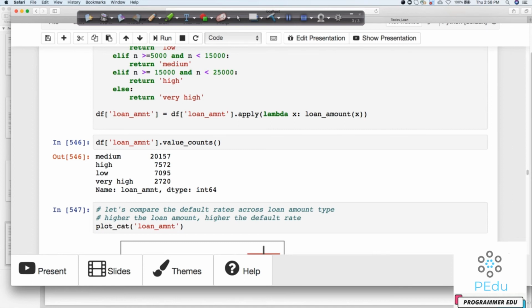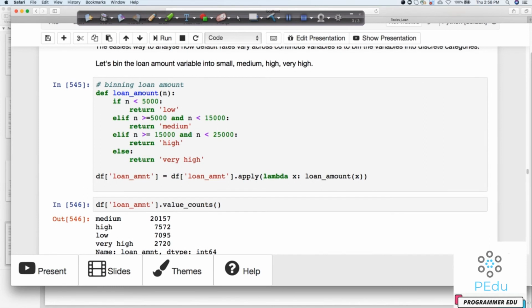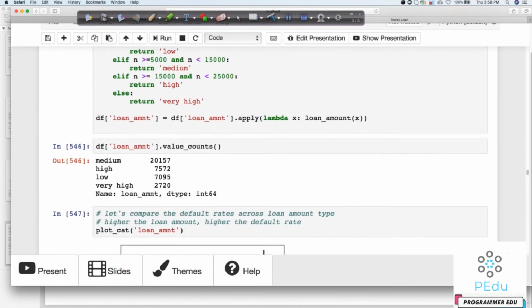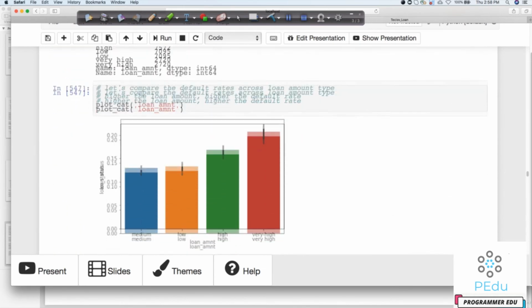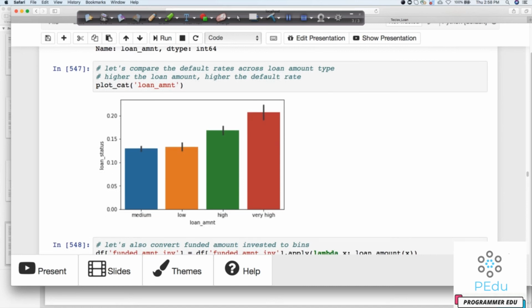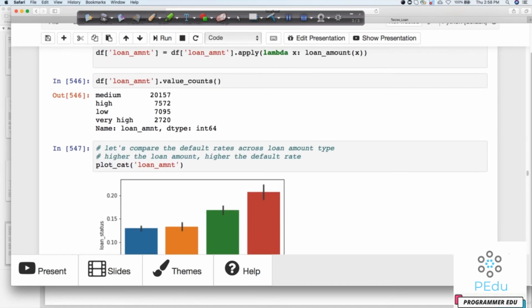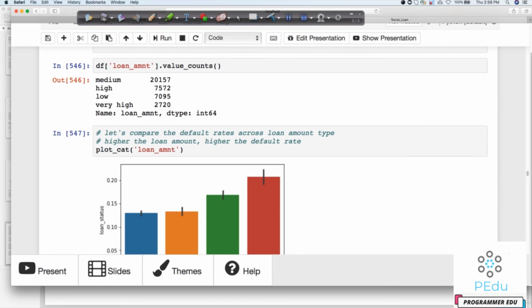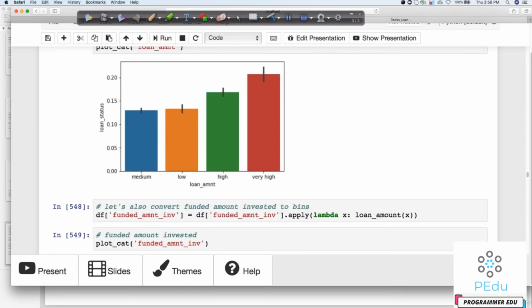Here we notice that most of the customers are medium sized customers, people who are applying for a loan amount between 5,000 and 15,000. Now if we plot a graph to see what risk comes up for it, the y-axis is again going to be the same: the loan status.